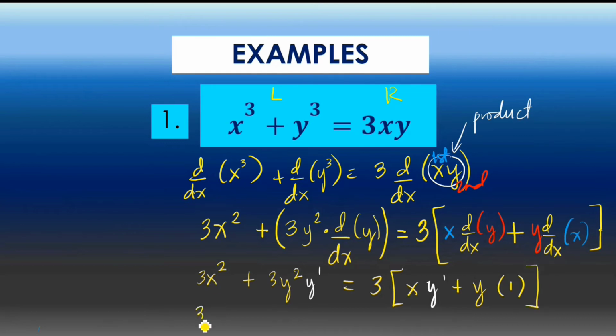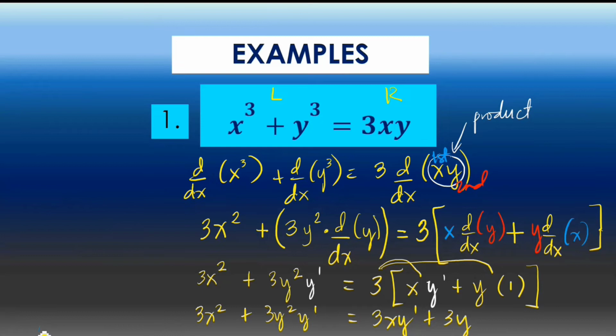So this is 3x squared plus 3y squared y prime equals to, so we can already distribute, equals to 3x y prime plus 3y. Okay? We are not yet done. So the next thing that we need to do is we need to isolate all terms with y prime on the left side.